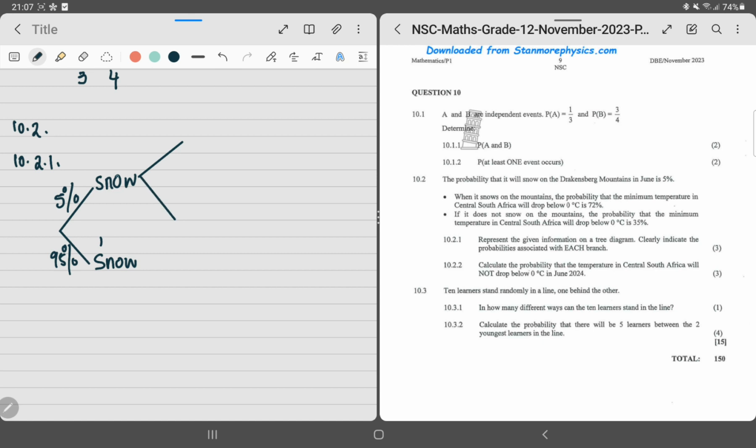So when it snows, the probability that the temperature will drop below 0 degrees Celsius is 72%, meaning that the probability that the temperature will not drop below should be 28%.